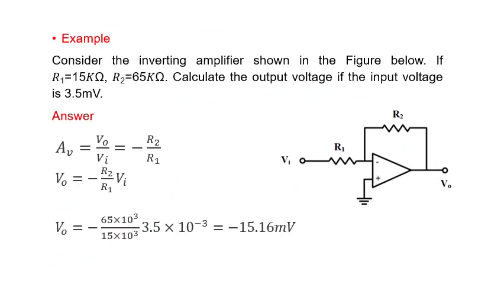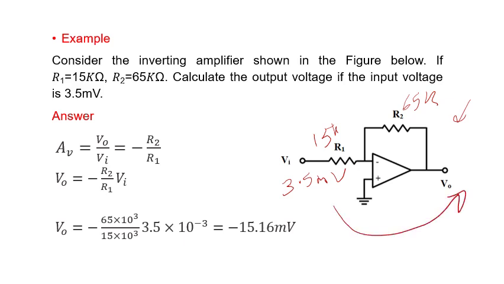Let us consider this inverting amplifier shown here. If R1 equals 15K and R2 equals 65K, calculate the output voltage if the input voltage equals 3.5 millivolts. So if there is 3.5 millivolt here, what will be the output?